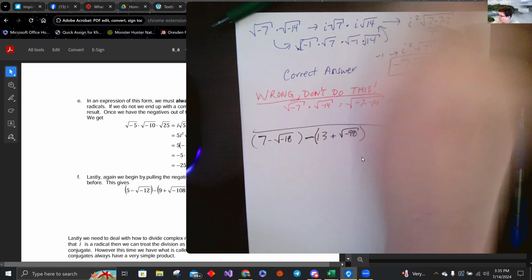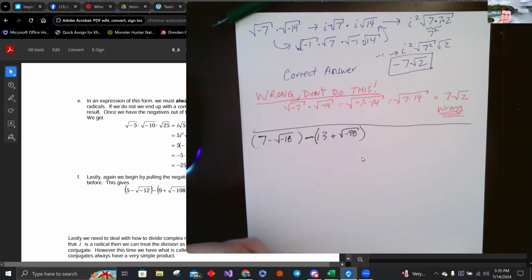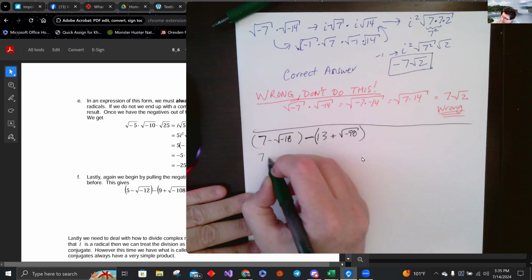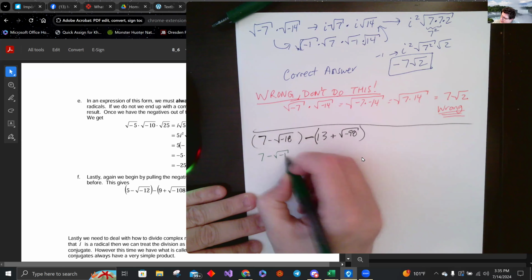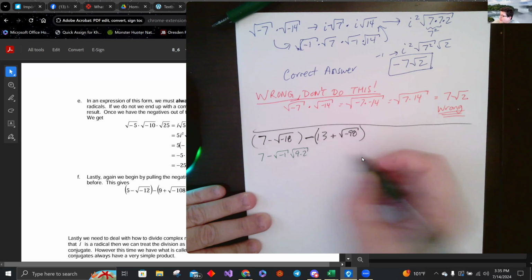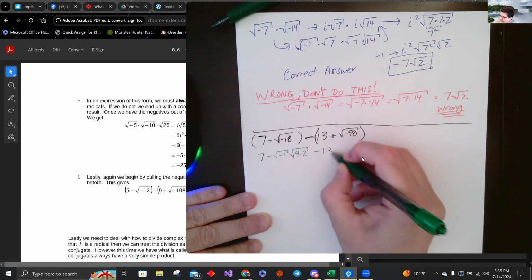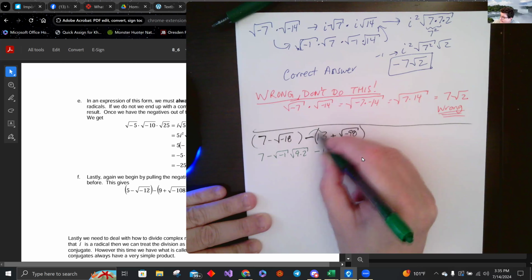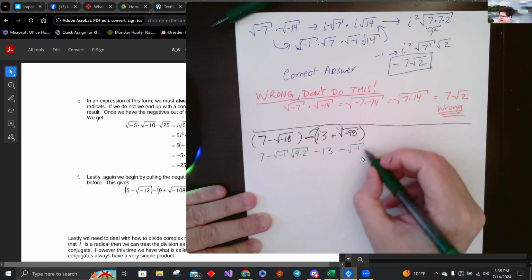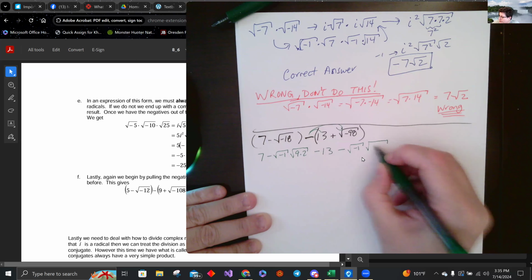All right. I'll assume you've paused it and worked on it. If you haven't, you should. This is 7 minus square root of negative 1 times square root of 18, which is 9 times 2. This is minus 13, and then minus square root of negative 1 times 98, which is 49 times 2.